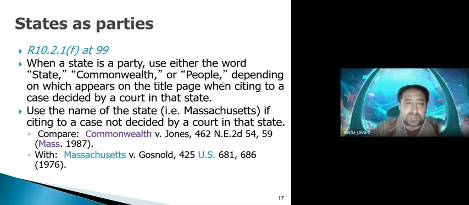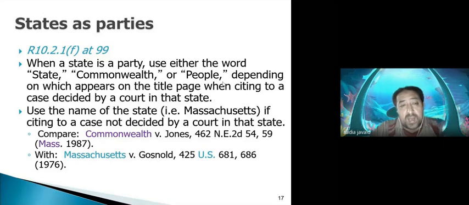States as parties. This one is the rule R10.2.1(f) at 99. When a state is a party, use either the word State, Commonwealth, or People, depending on which appears on the title page when citing to a case decided by a court in that state.